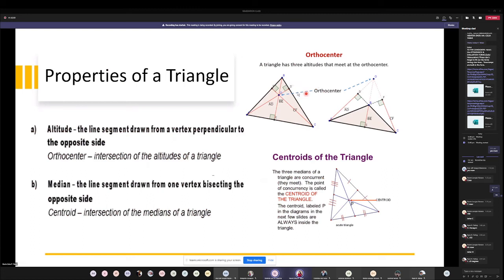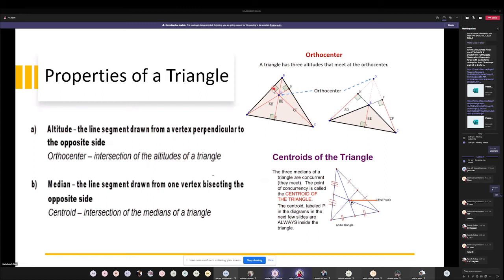As I've said, there are three altitudes in a triangle. If this is our base, then this is the altitude corresponding to it. If we choose this as our base, then this is the altitude. And if we choose the third side, the side AB, as the base, then the altitude is this line segment CF.